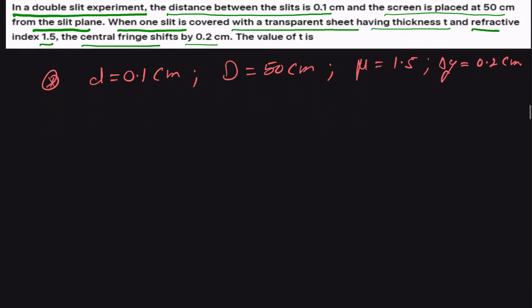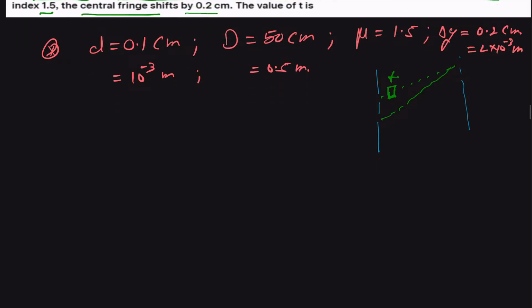We can just draw an approximate figure. This is a screen, and suppose here we have placed a transparent sheet whose thickness is T. So we can convert all these into SI units. Small d will be equal to 10 to the power minus 3 meters, capital D will be equal to 0.5 meters, and delta y will be equal to 2 into 10 to the power minus 3 meters.